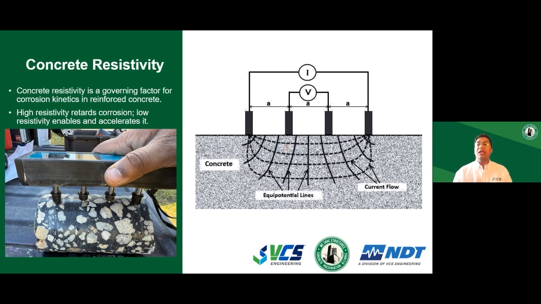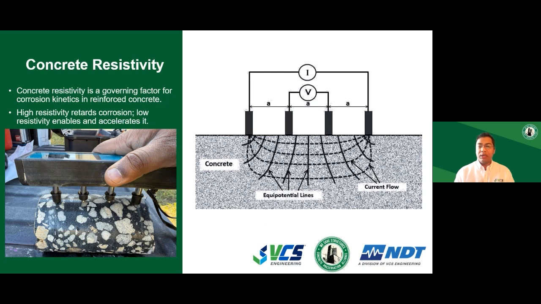Concrete resistivity directly affects the corrosion rate of the embedded steel by controlling the ionic conductivity through the pore solution, which is critical for corrosion process. And this test can be performed on concrete element or can also be performed on concrete cores. But one thing to note here is the concrete resistivity measurements are highly influenced by presence of metal.